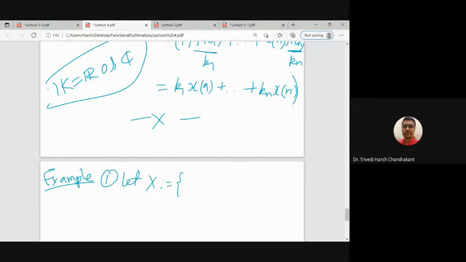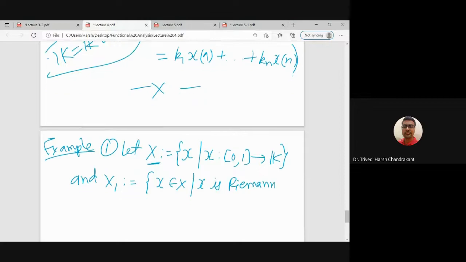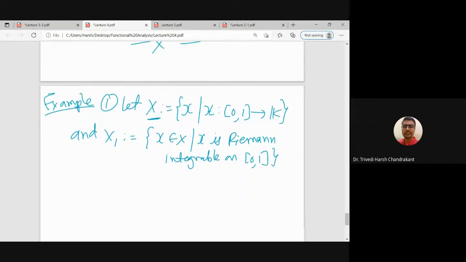Let X be the set of functions, I'm calling a function x, so x is not a variable here. x is a function from the closed interval [0,1] to the real or complex numbers. We define X1 to be the set of x belonging to this set X such that x is Riemann integrable on [0,1].